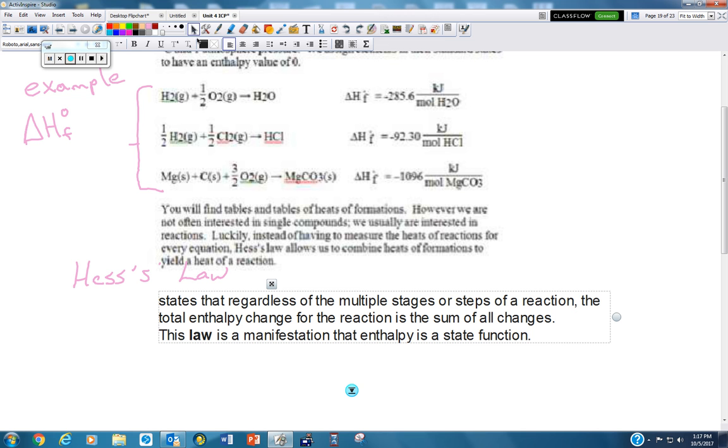So when we have a heat of formation table like this, and we have maybe several steps along the way to form a certain compound or decompose a certain compound, we may have to change the direction of this reaction. And when we change that direction, that's going to cause us to change the sign as well. That's where we get the flip in this. So this law is a manifestation that enthalpy is a state function. It happens this way all the time.